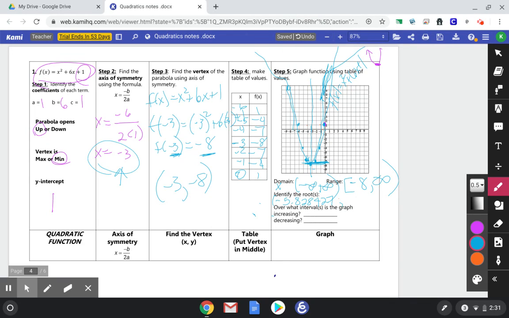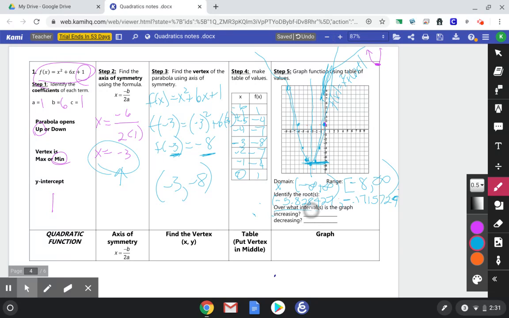So my other root is -0.1715729. Again, that's an approximation. It's not exact. If it said to write exact, we would do it in simplest radical form.